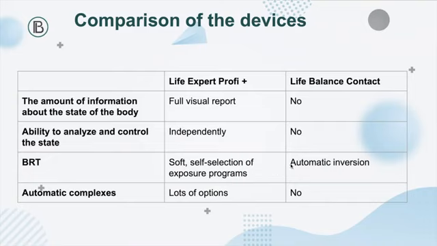It will be, as I understand, a bit stronger, because if here they mention soft, so with Life Balance Contact, it should be a bit stronger. And the system automatically chooses what frequencies we need to use in order for the bioresonance passive therapy.